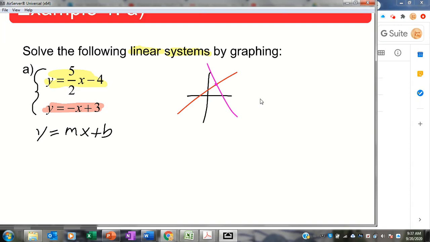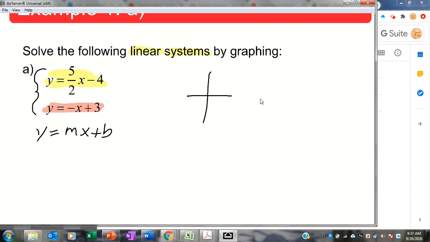And so the solution to the system would be that intersection point. Now, we don't always have an intersection point. You could have a graph of two lines and the lines end up being parallel like this. And so if this happens, you would say that this system has no solution.